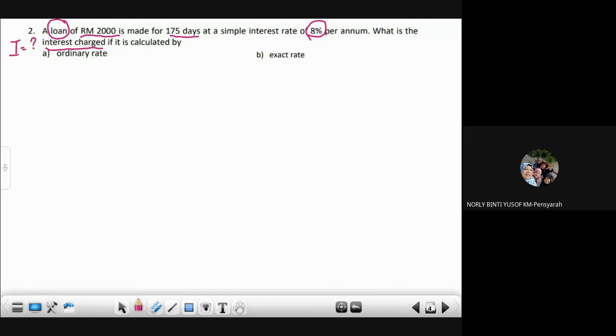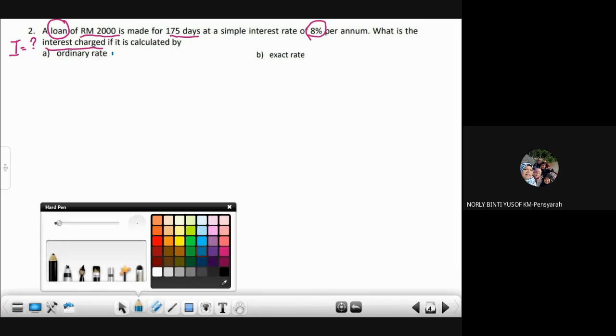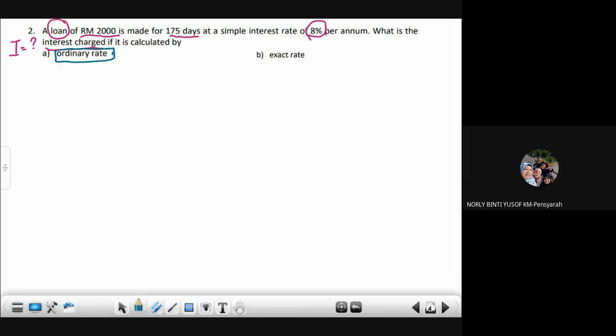If it's calculated by two different things, ordinary rate dengan exact rate. So if ordinary rate means dia akan kira untuk 360 days. Sebab ordinary maksudnya tahun biasa, 360 days.